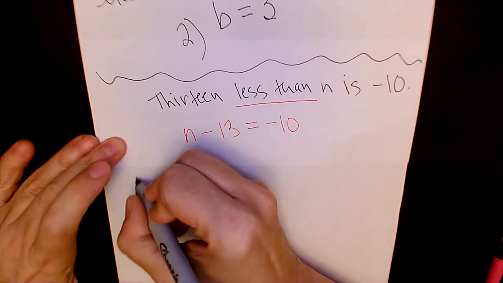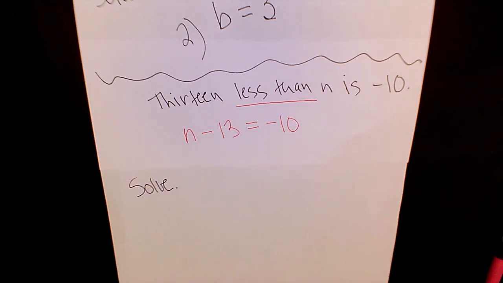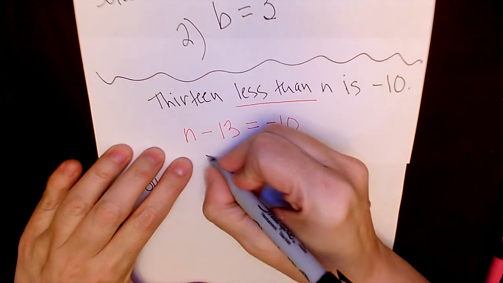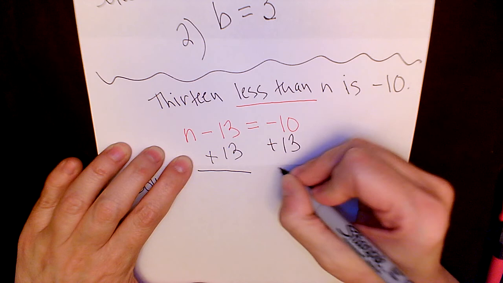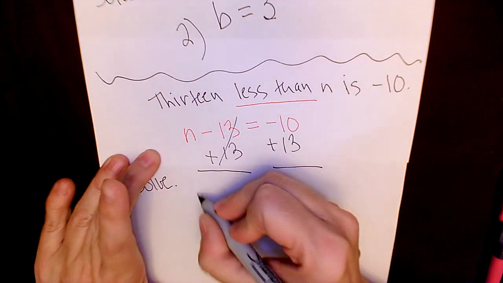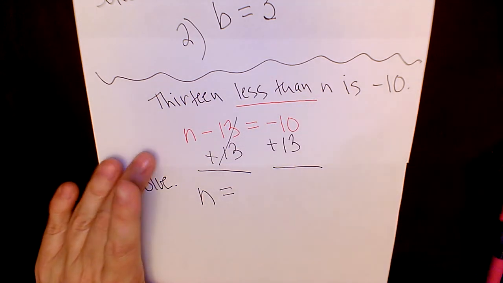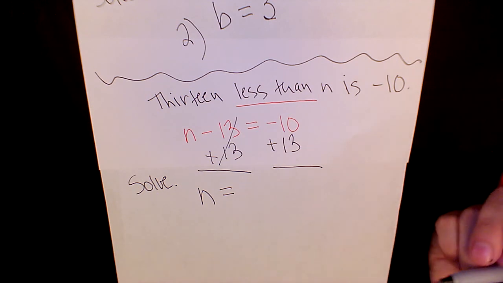Okay, so now we're going to solve this. What am I going to do to both sides? I have a minus 13. What's the opposite of minus 13? I'm going to add 13 to both sides. And these go. And I've got a negative 10 and a 13.